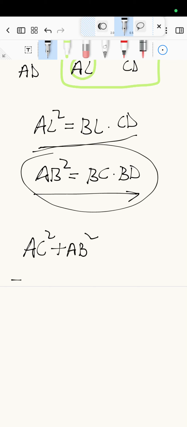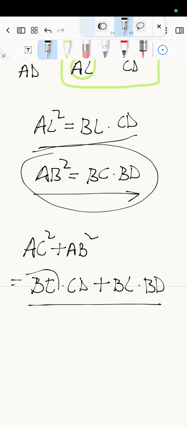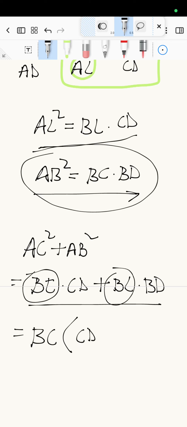Let's figure out what those are. AC squared is BC times CD, and AB squared is BC times BD. Now you see there's a common factor. We'll take out the common factor, so we'll say BC open bracket CD plus BD.